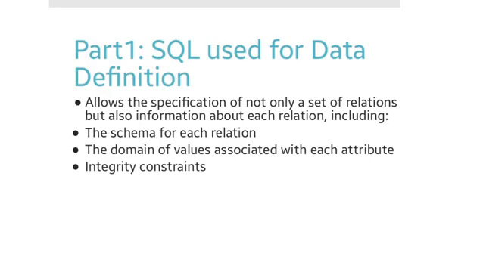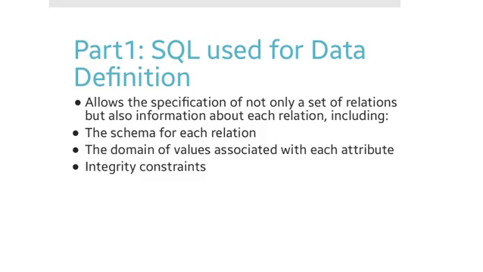The next one is domain of values associated with each attribute. Domain means the allowed values for a column. Example, age, only numbers, name, only text, gender, predefined values. The next one is integrity constraints. These are rules that maintain accuracy and consistency of data.